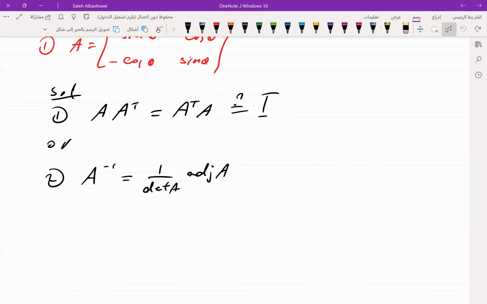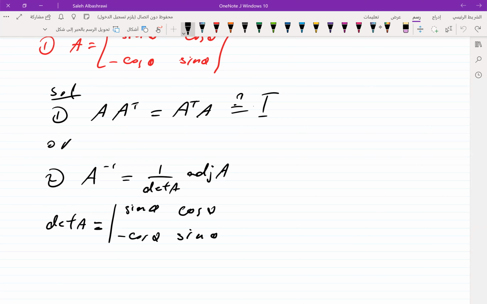See the second one. The determinant of A is equal to sine theta times sine theta minus cosine theta times minus cosine theta.